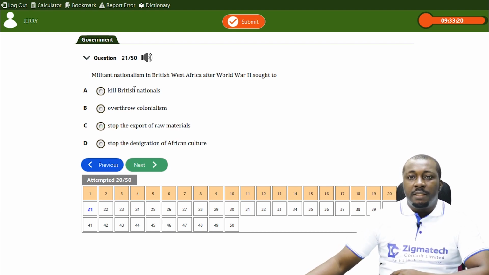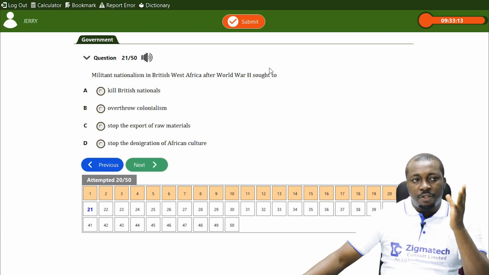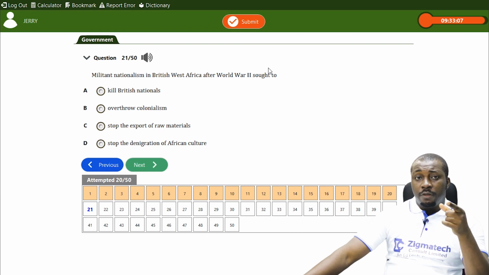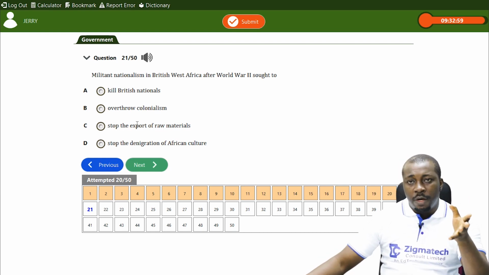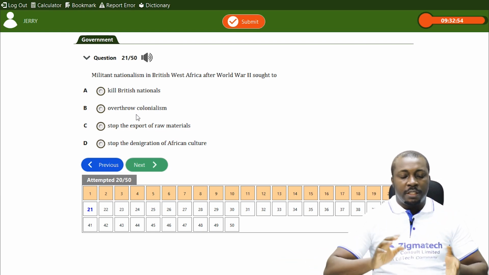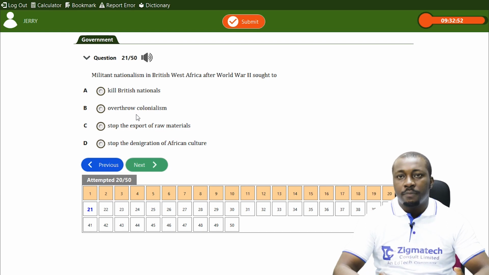Now, militant nationalism in British West Africa after World War II sought to... Now, this question tests your knowledge, one, on nationalism, reaction against colonial rule, and also the push for independence by people of a particular nation that are under colonial rule. Now, another thing it tests is types of nationalism.